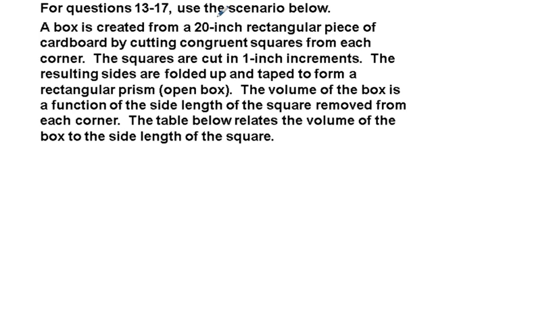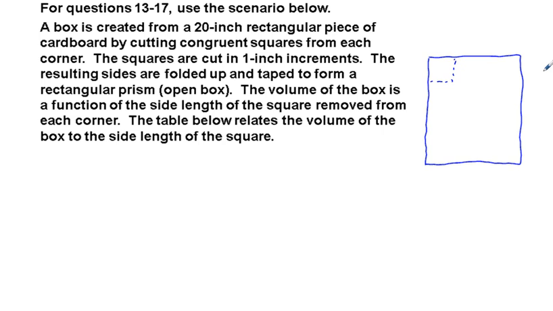And this is a classic scenario. A box is created from a 20-inch rectangular piece of cardboard. So you have this rectangular piece of cardboard like this. I'm just going to make a little sketch to show what it looks like. So here's your rectangular piece of cardboard, and you cut out square corners from each.